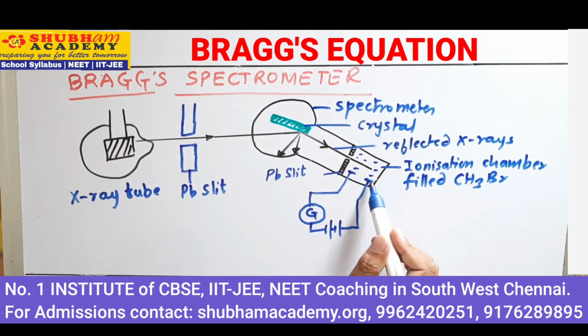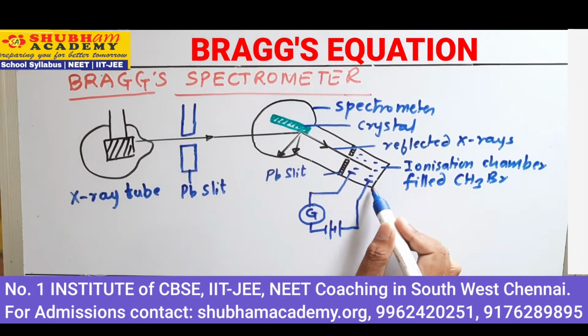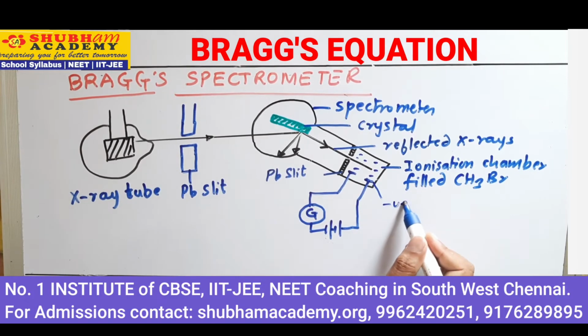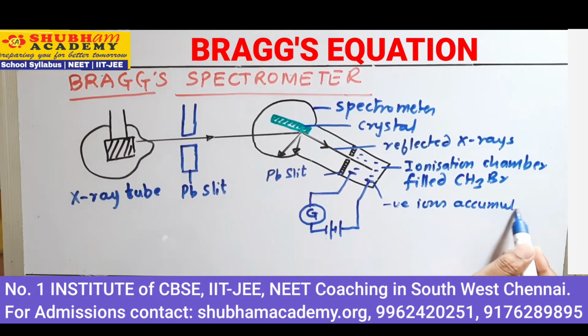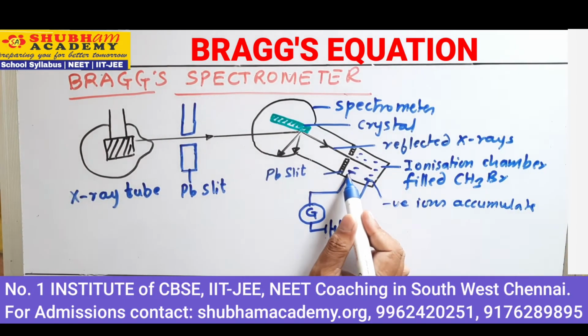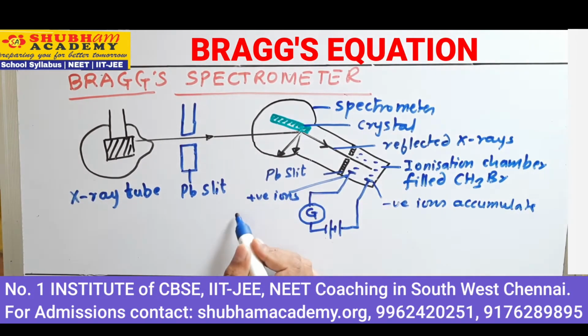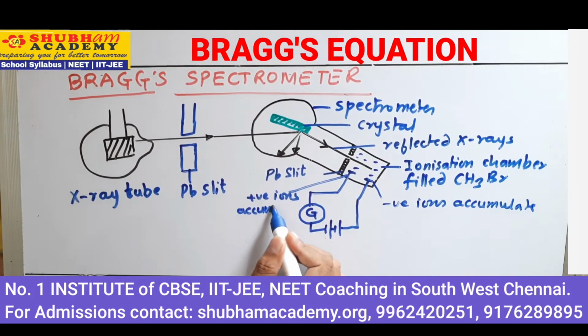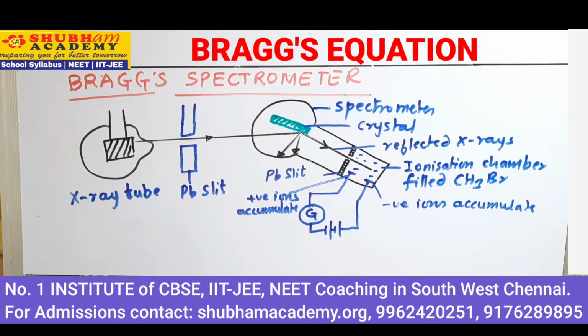The negative ions accumulate here and the positive ions accumulate at this end, right? These ions hit at these points and you can notice the current in the galvanometer, right?